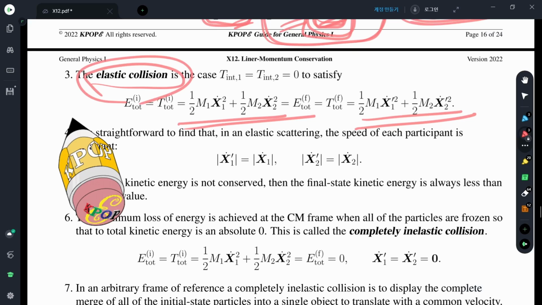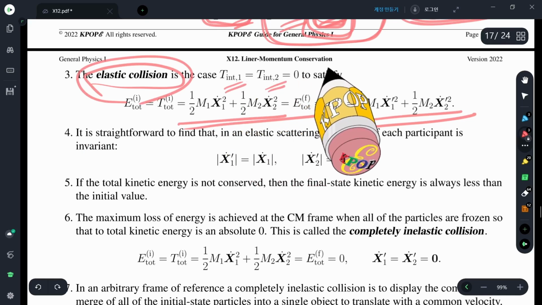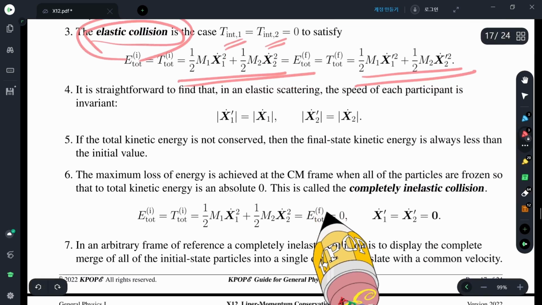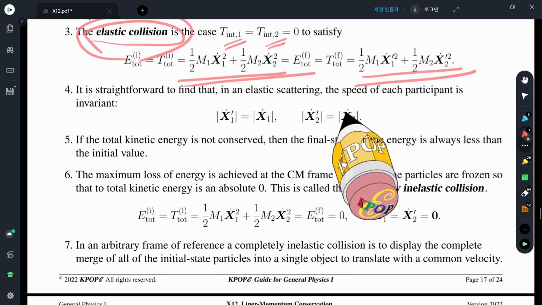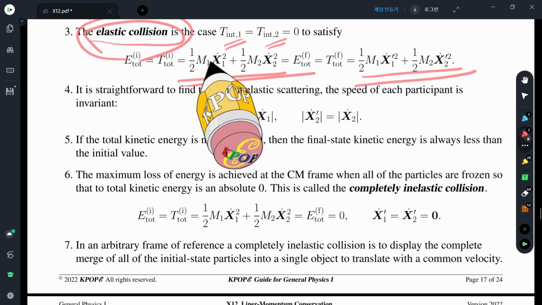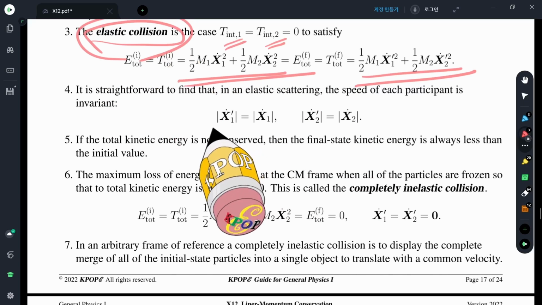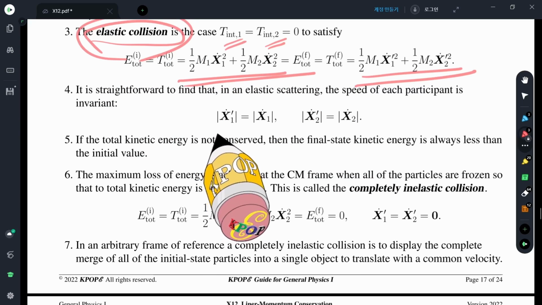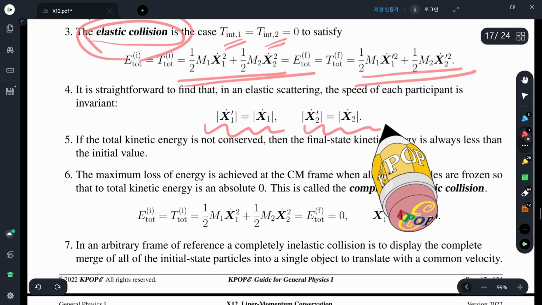That assumes that there is no internal kinetic energy for each particle before and after the collision. In the center of momentum frame, if the collision is elastic, each particle keeps its own speed. The speed is invariant.